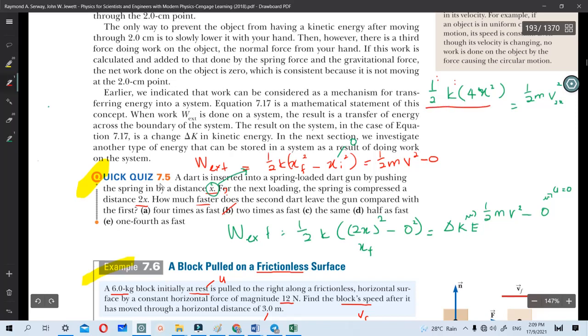Then let's divide with the original situation, k x squared, and divide equation by equation, meaning that left and right are divided by the same thing.